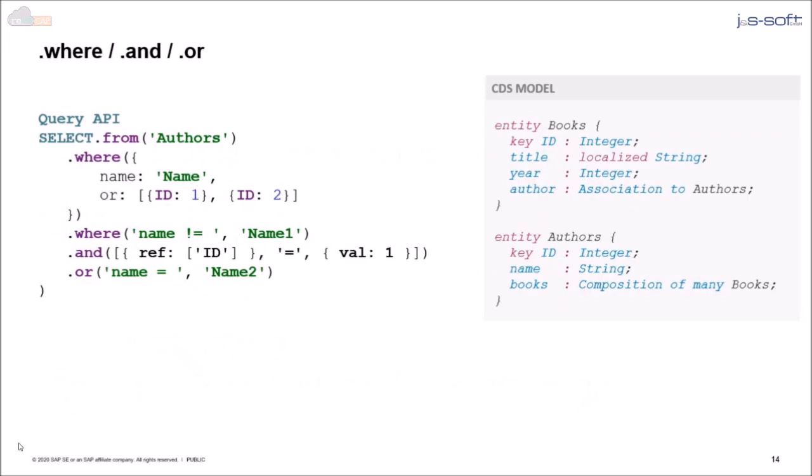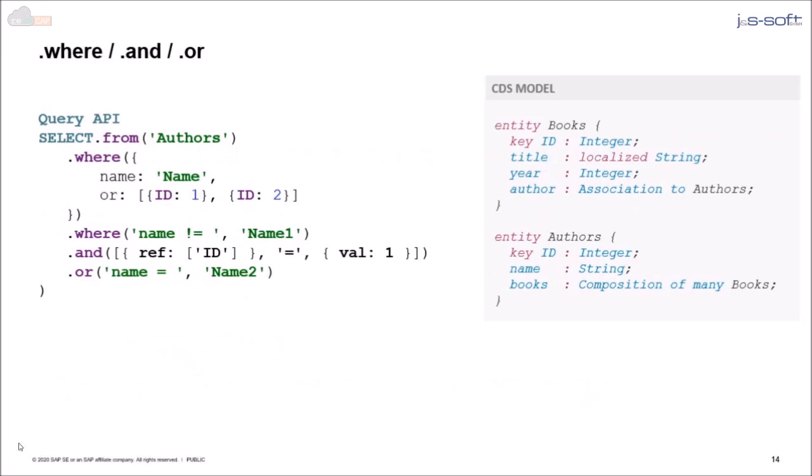This is the so-called fluent notation, where you can combine different wheres after each other. And in this case, I'm not only using the where method, but I'm also using the method which is called and, and another method which is called or. So basically, the and method does the same as the method where.